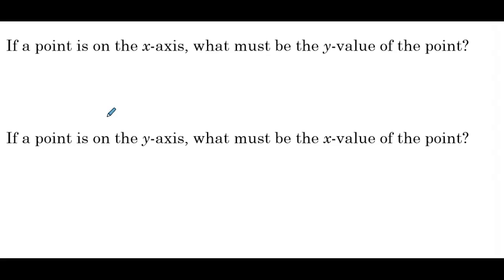So if a point is on the x-axis, what must be the y value of the point? Well, let's just draw a general axis, so we have the x and the y-axis. If I plot any of these points on the x-axis, each of these points is going to have 0 as a y-coordinate. So the y value of any point on the x-axis is going to be 0.